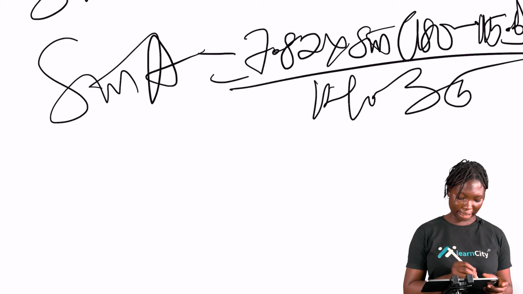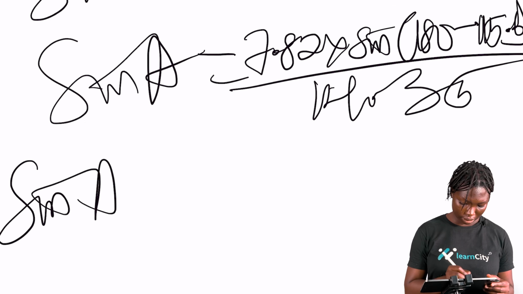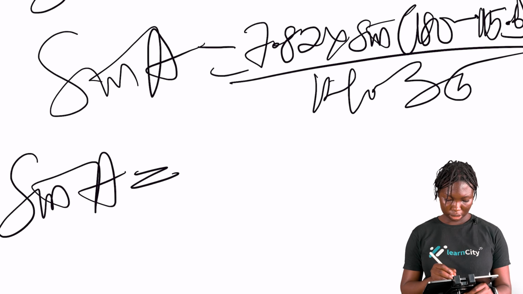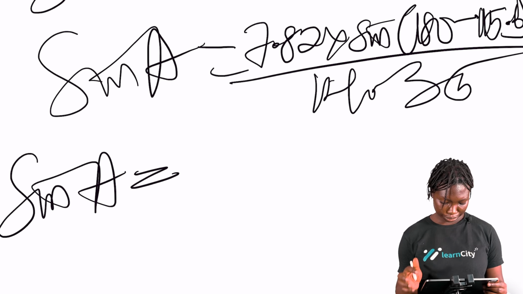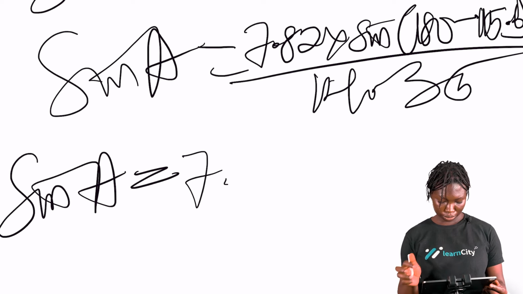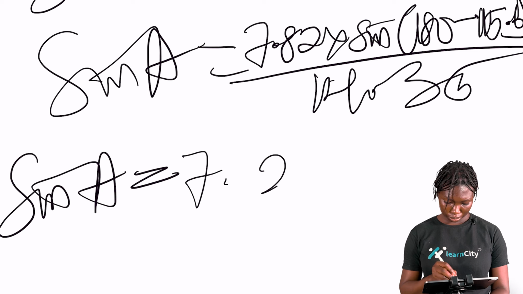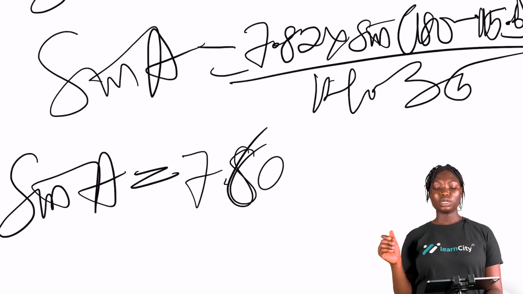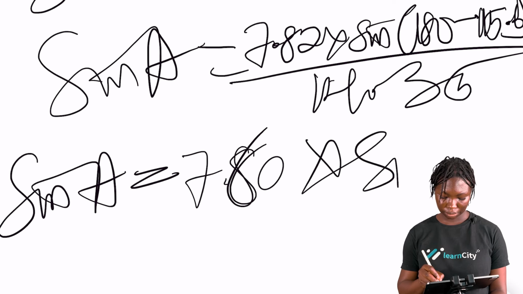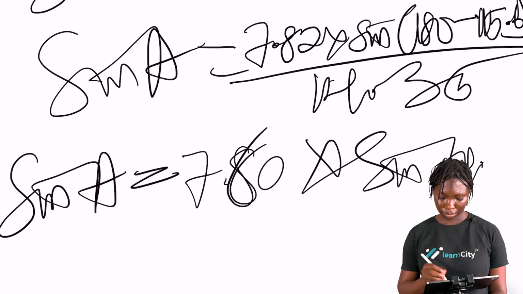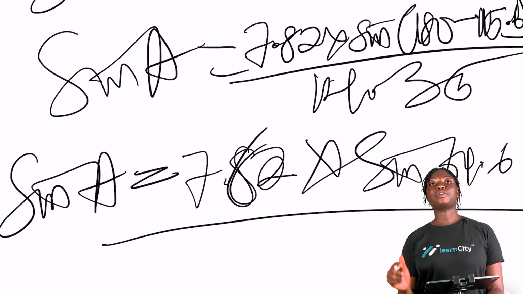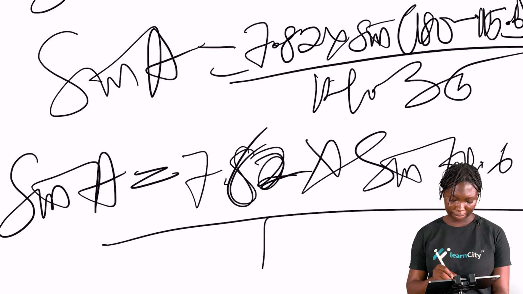So we have sine A equals 7.82 times sine 64.6 over 14.35.